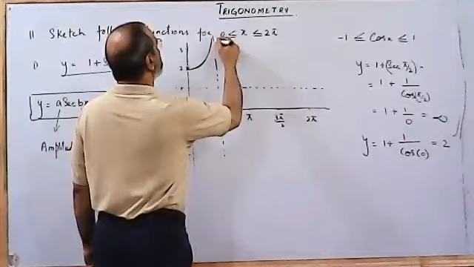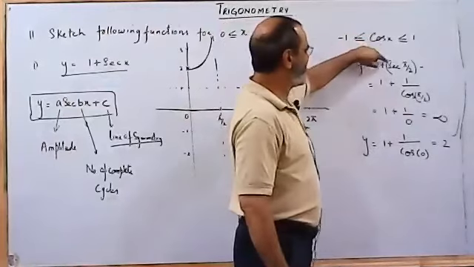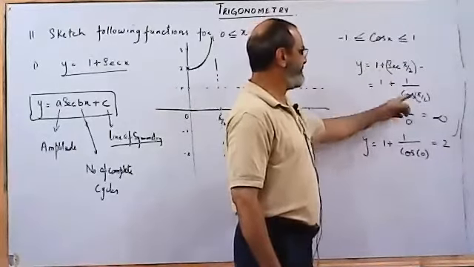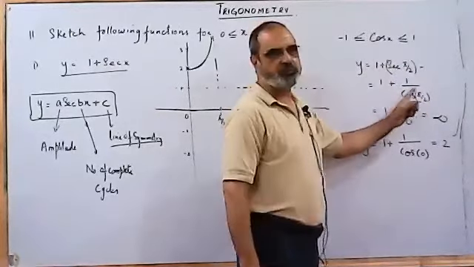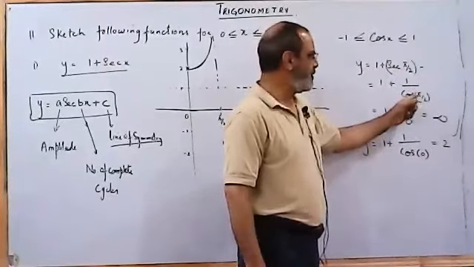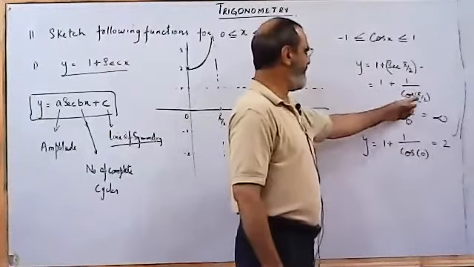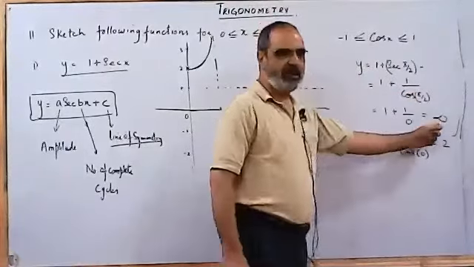So what I did, I just took 1 plus secant theta, and I have taken the reciprocal of secant as cos. When I substitute the value of x as pi by 2, I know cos pi by 2 is 0. So 1 divided by 0 is undefined. So at pi by 2, the function is undefined.